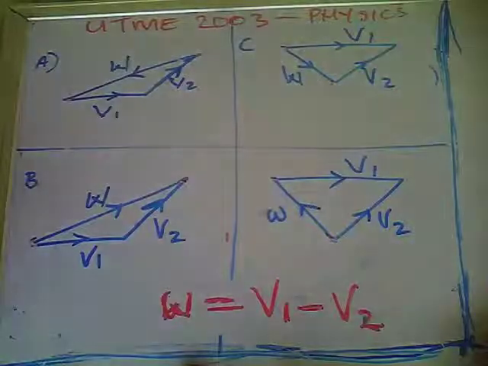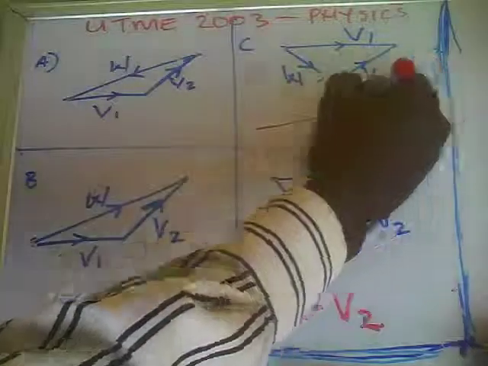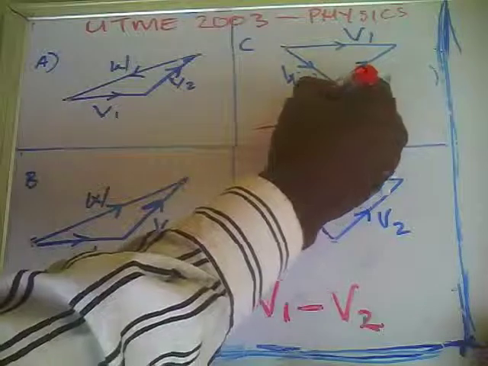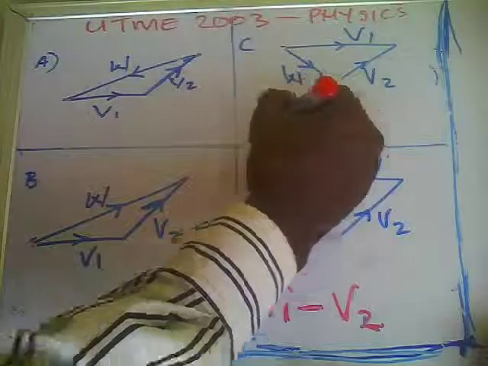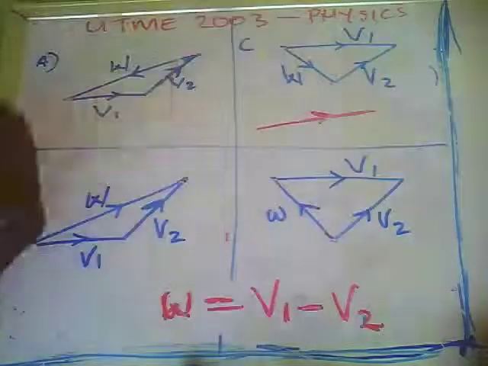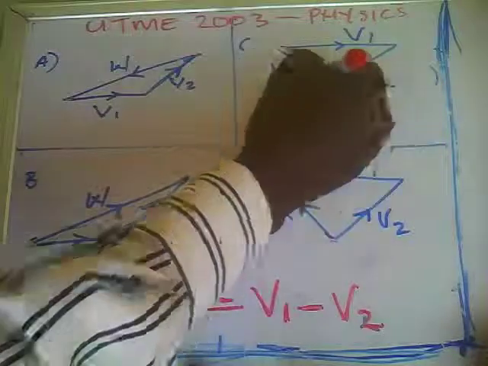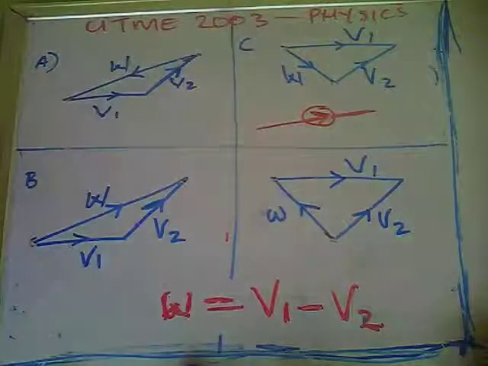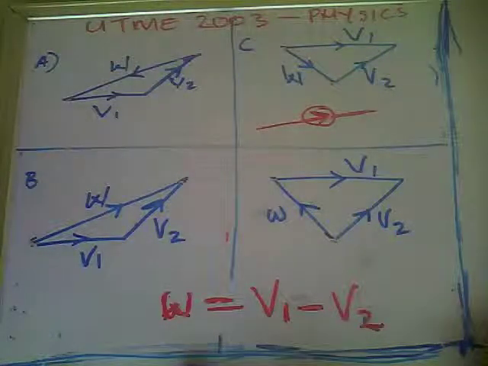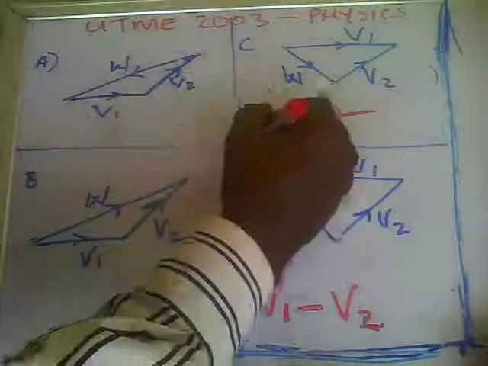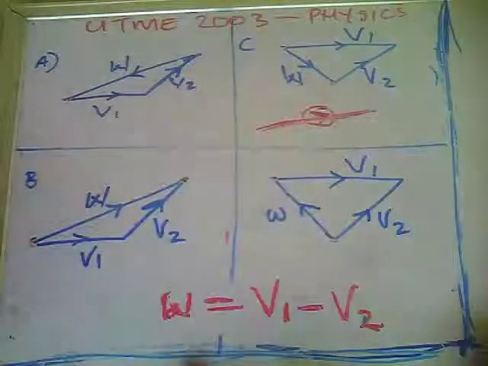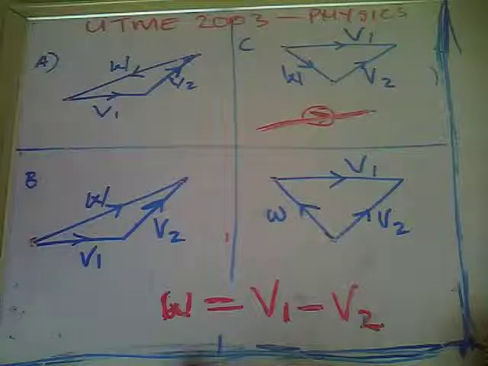In vector, when we draw a line and an arrow, the arrow indicates the direction of travel of the vector, either force or velocity, while the length indicates the size, the magnitude of the vector.